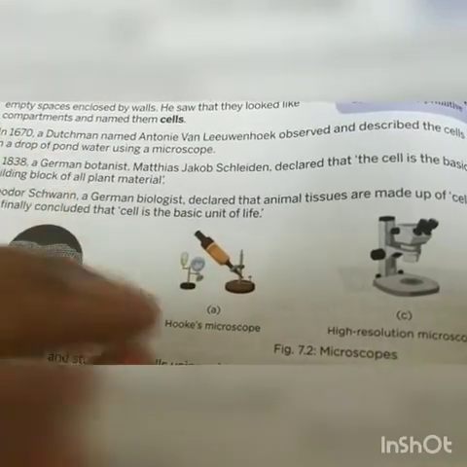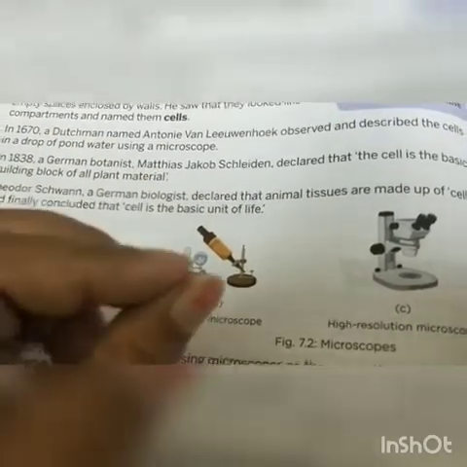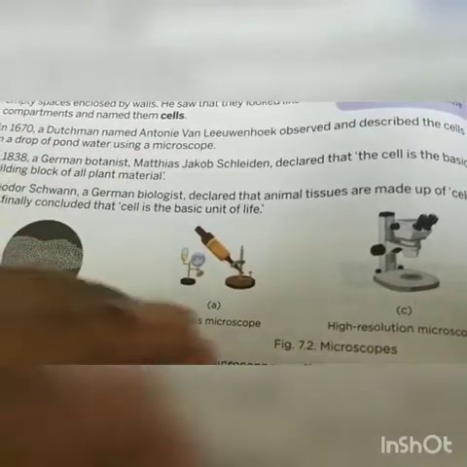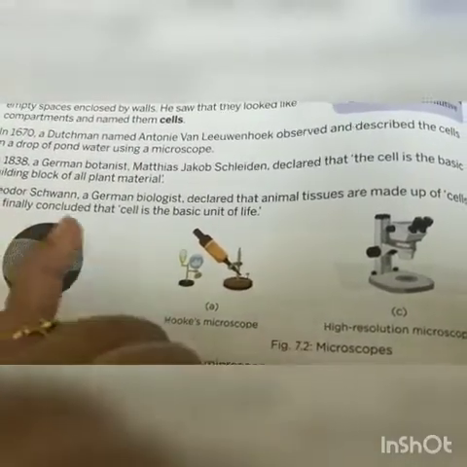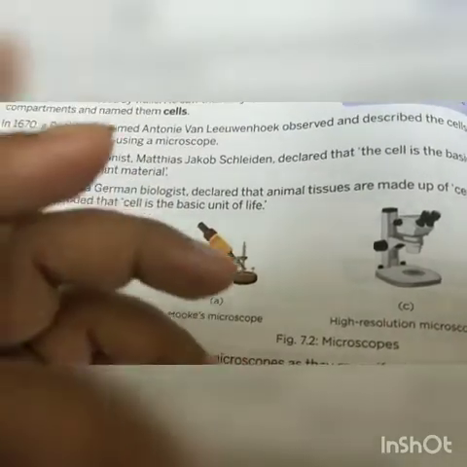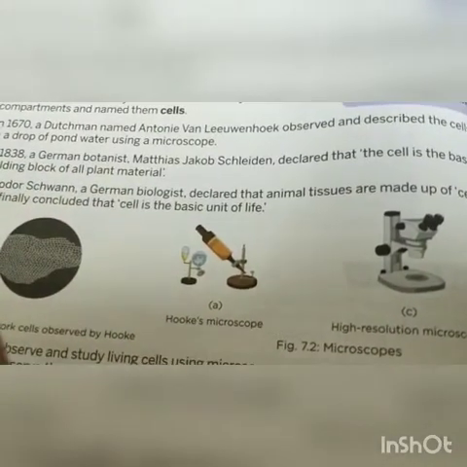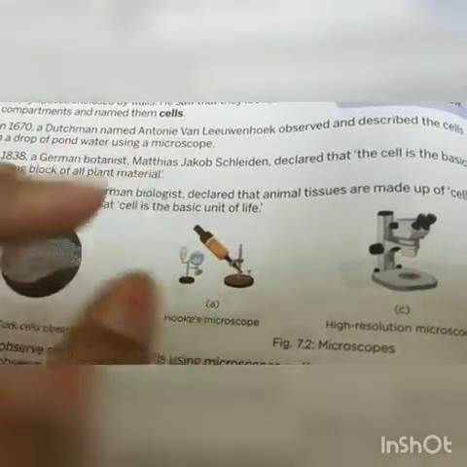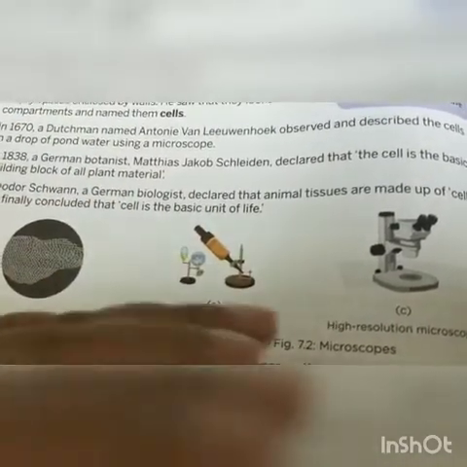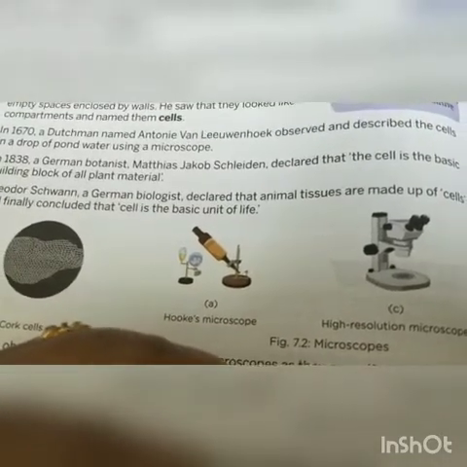In 1838, a German botanist studied cells in plants, so he declared that cells are present in plants also. And Theodor Schwann, a German biologist, also declared the cell in animals. So that means cells are present in plants, animals, water, the cork, everywhere. So it came to the conclusion that the cell is the basic unit of all life.